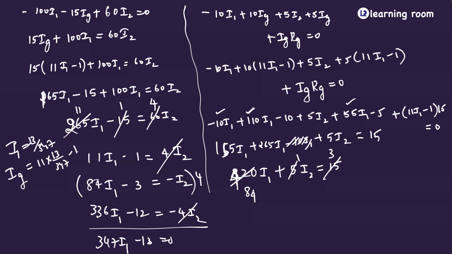So check the calculations. Sir, how come 265 I1 comes? 11 into 15 is 165 only. You have written 155 I1 plus 265 I1, no? Yes, wait. Why 265? Because 15 into 11.